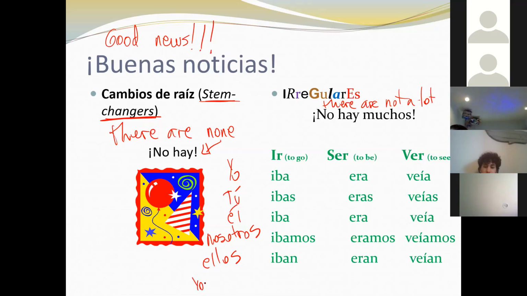And I don't have the vosotros, I'm going to add it here. Vosotros ibais, erais, and veíais. The only irregular that has an accent over the I is the ver. Okay? Any questions so far? No? All right.